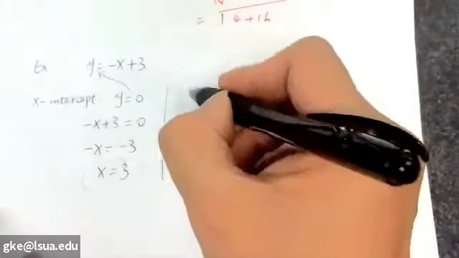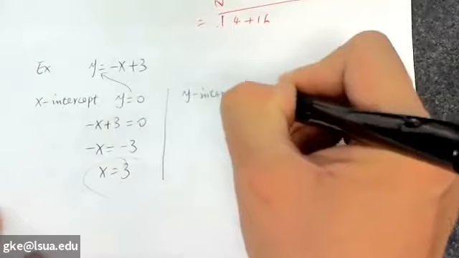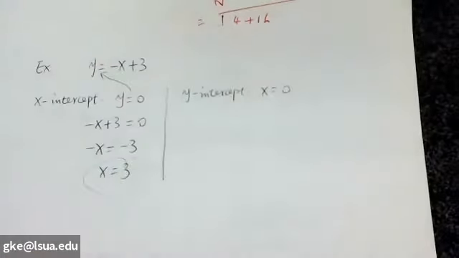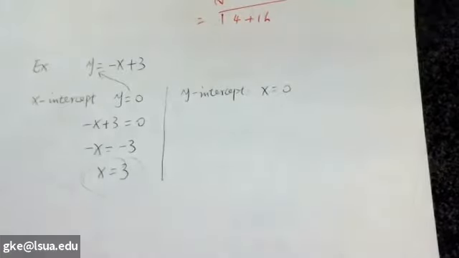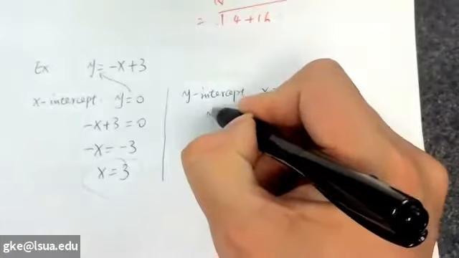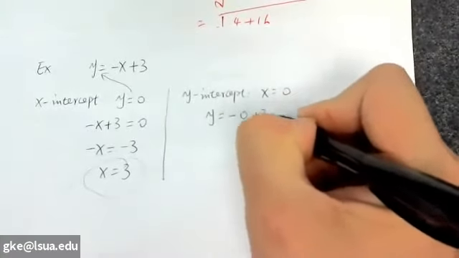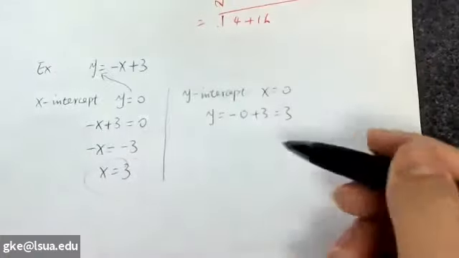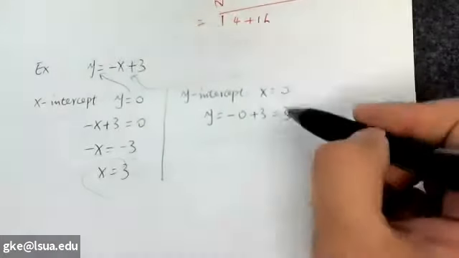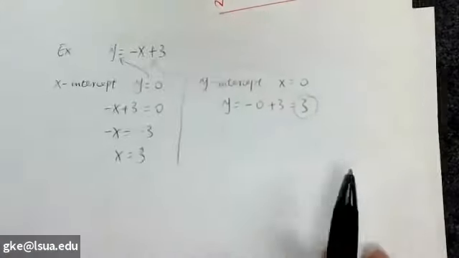And for the y-intercept, that is x equals 0. With x equals 0, we plug in and get 3. That is the y-intercept.